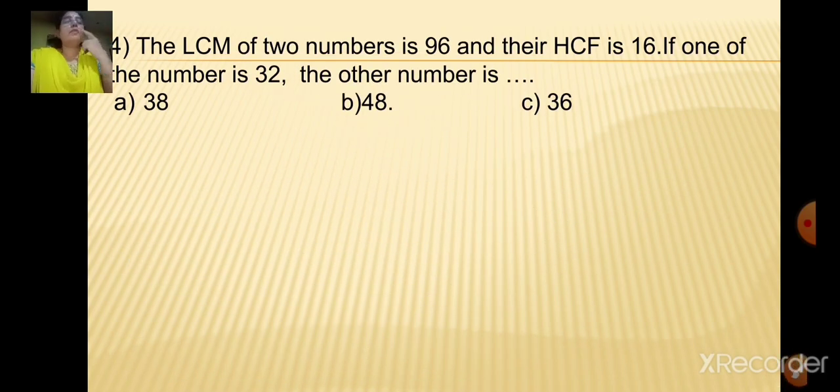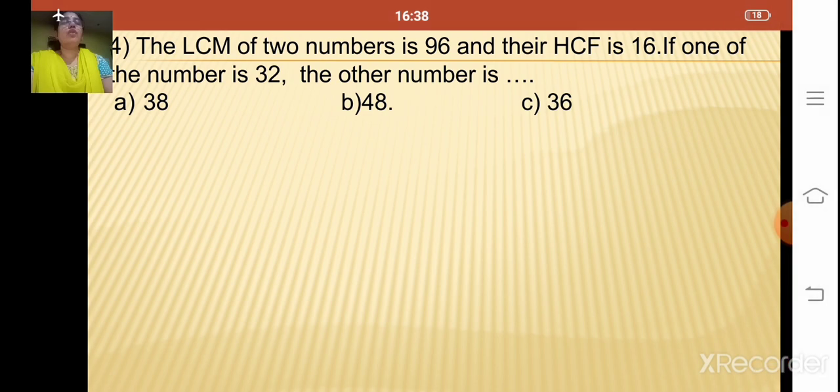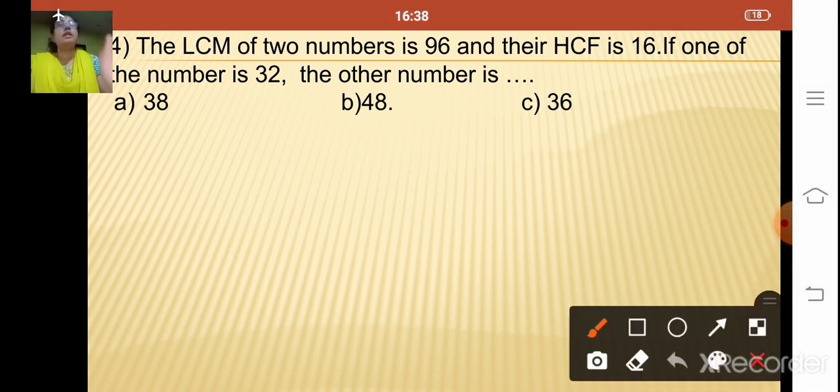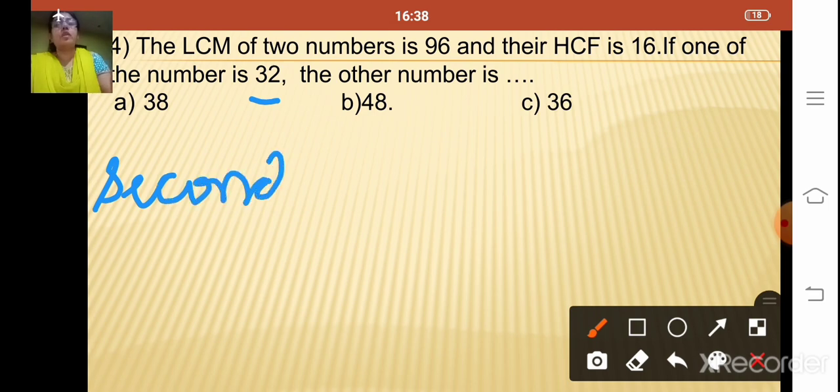The LCM of two numbers is 96 and their HCF is 16. If one of the numbers is 32, the other number is. Now here you have to find the second number. One number is given, the first number is 32. Now to find the second number, what will you do?